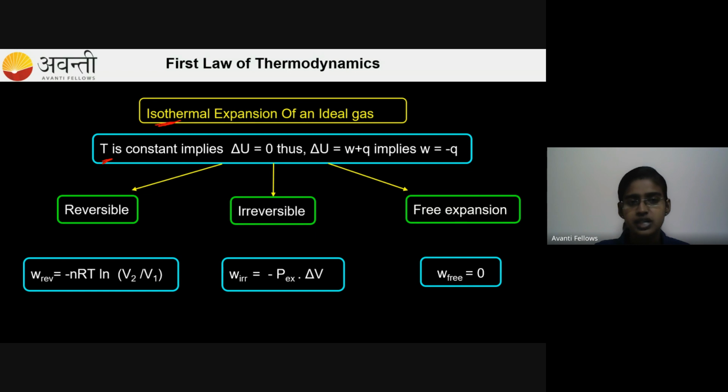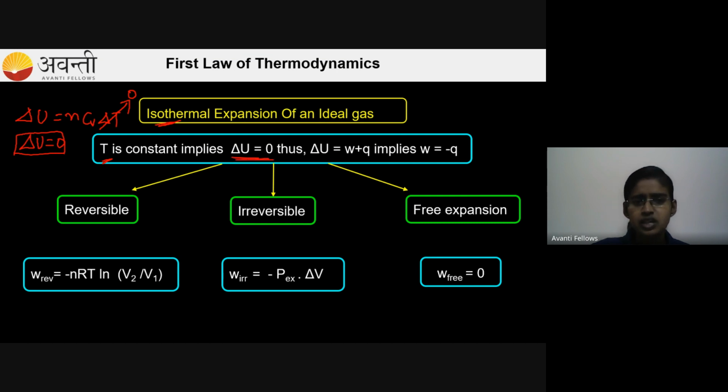And this denotes that delta U is equal to 0, because delta U is equal to n Cv delta T. This formula I will discuss with you in the next slide. Isothermal means T is constant and delta T will be equal to 0, so this whole term becomes 0, and 0 into anything is 0. So delta U is also equal to 0.